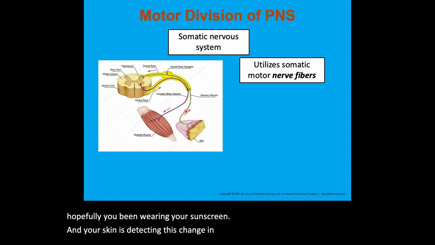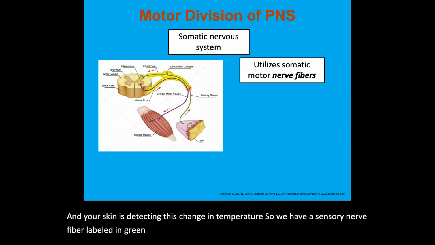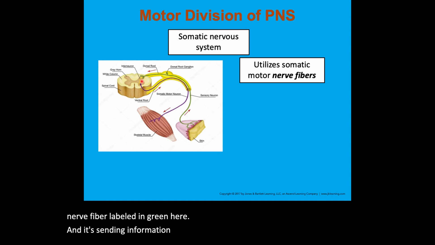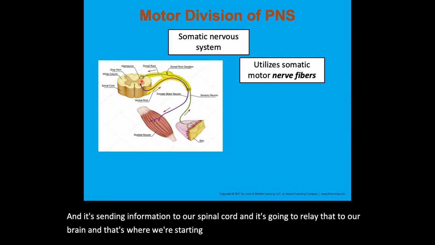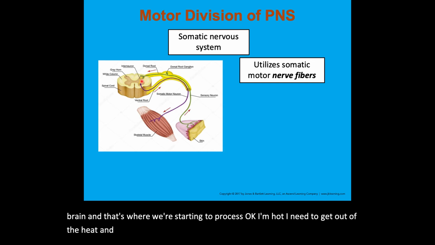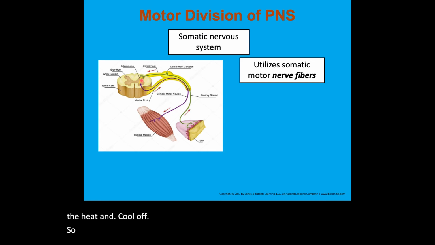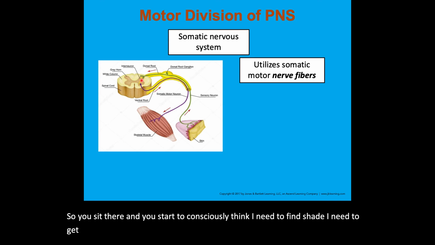So we have a sensory nerve fiber labeled in green here, and it's sending information to our spinal cord, and it's going to relay that to our brain. And that's where we're starting to process, okay, I'm hot, I need to get out of the heat and cool off. So you sit there and you start to consciously think, yeah, I need to find shade, I need to get inside, or I need to go jump in a pool, something like that.